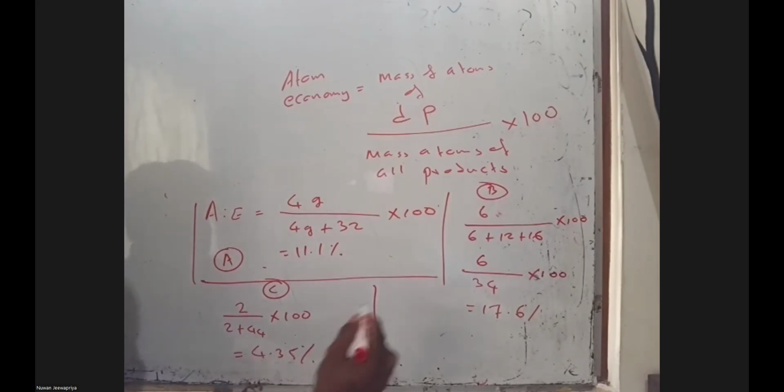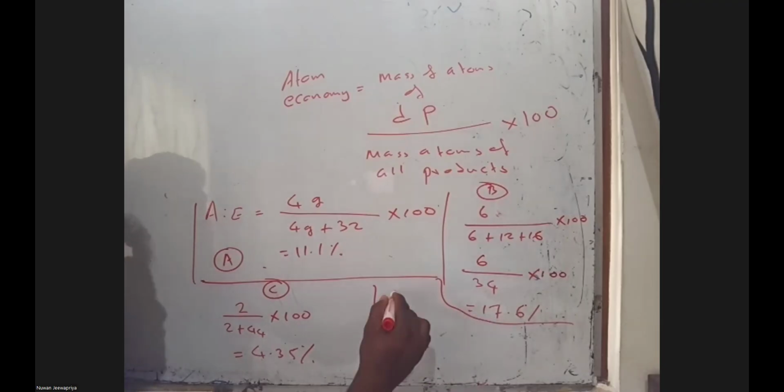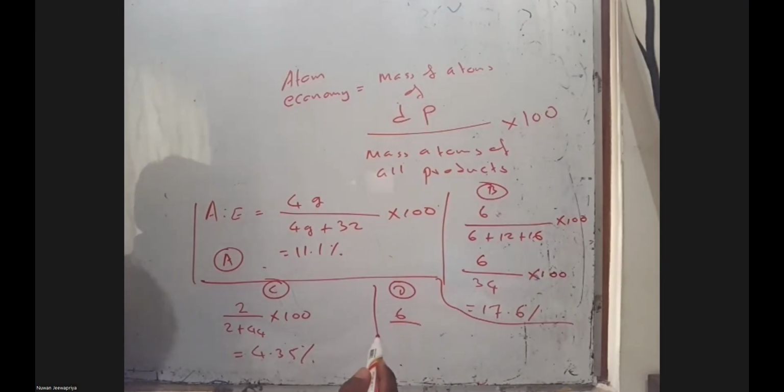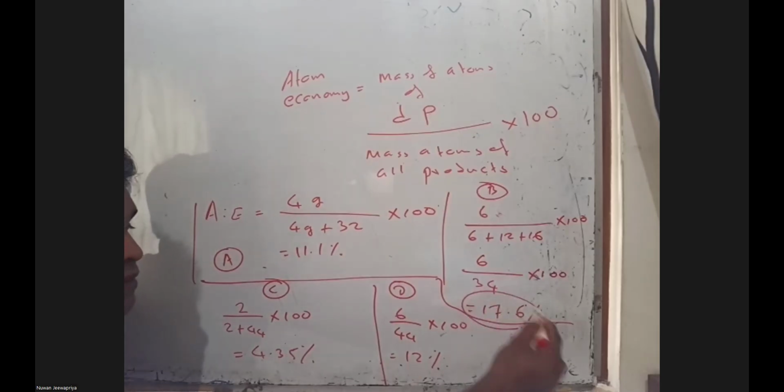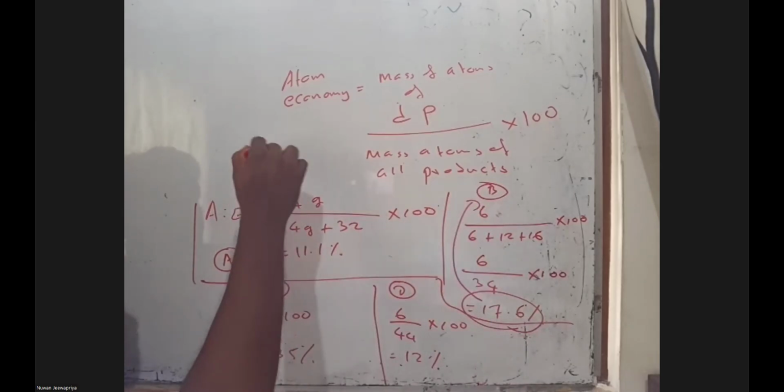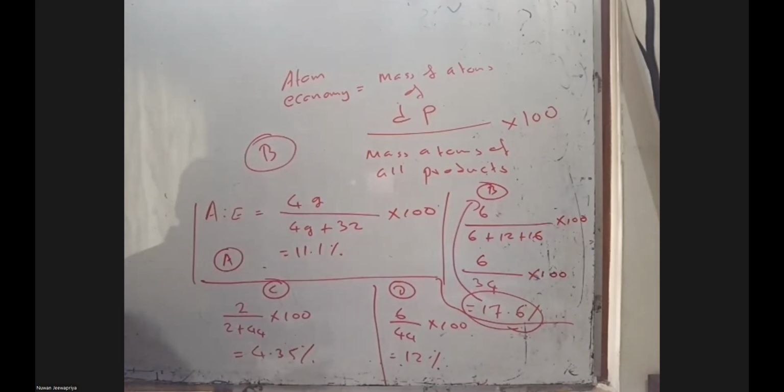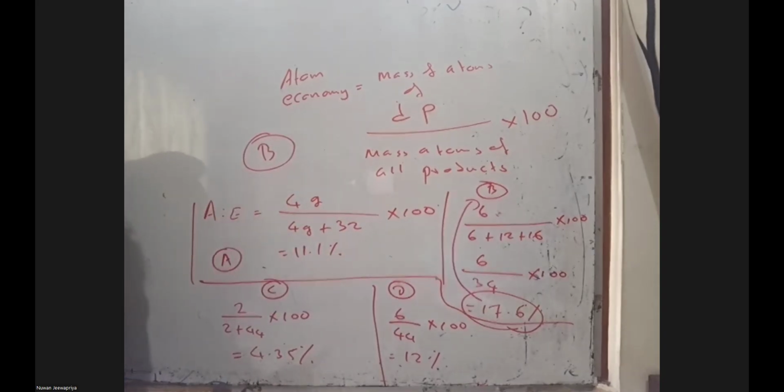Then the D answer. D is 6 divided by 44 into 100. So the answer is 12%. So the highest atom economy is given by 17.6%. So the answer is B. That is the answer. So you know how to get that.